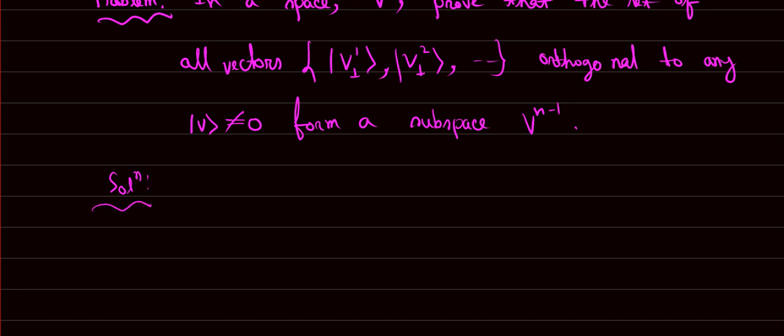So how will we prove that? From the Gram-Schmidt theorem, we know that we can find n minus 1 orthogonal vectors to any vector.